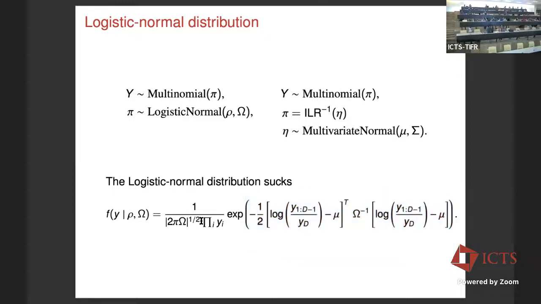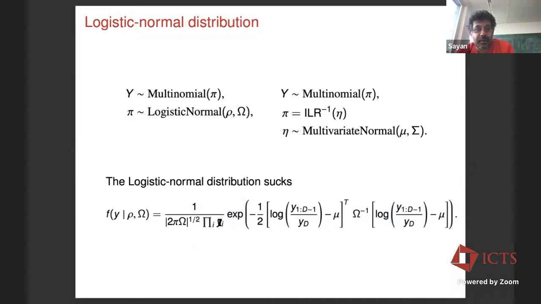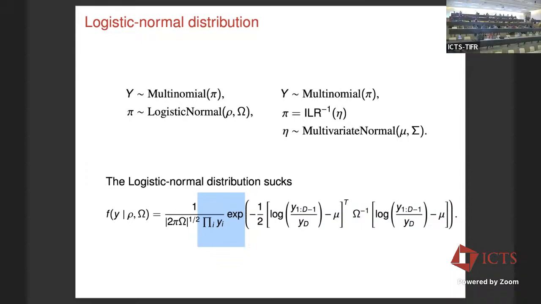Yeah. The problem with the logistic normal distribution is, well, give me a second, that part, the product over Yi. And the question is, why is that a problem?